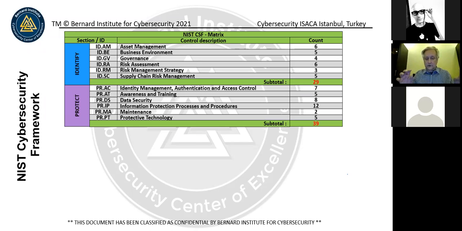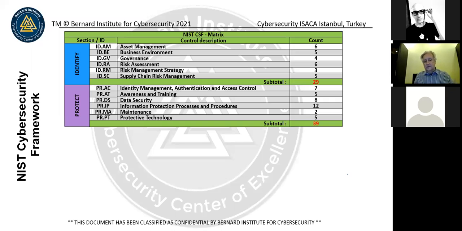So we're going to look at identity management, authentication, and access control, because that's really important. There's 7 control points around that. Awareness training, making sure that people are aware of their responsibilities and what they're supposed to be doing. We're going to work on data security. Data security is so important. And this part actually probably does have a very close relationship with GDPR, because GDPR wants to make sure that private information is secure.